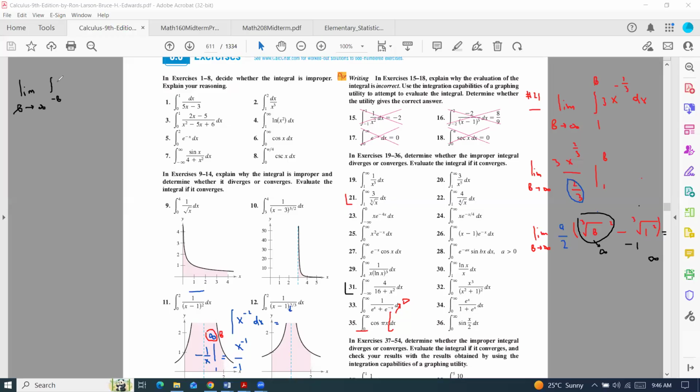Or you could split this into 2 integrals, but it is the way to take care of this infinities structure, right? And then what? Well, looks like then I need to recall the fact that when I want to deal with arctangent, okay, let me write this whole thing down first. So it's still 4, right? And then divided by 16 plus x.